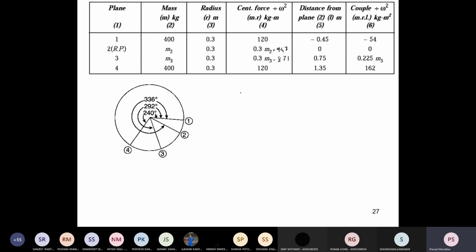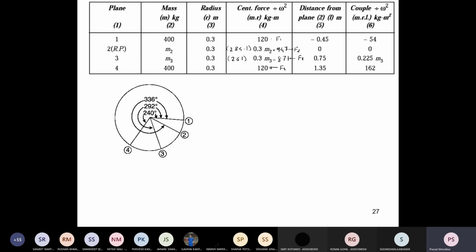So 0.3 into 871, that is 261, and 0.3 into 947 is equal to 284.1. All right. So now you have all the forces. This is F1, this is F2, F3, and F4.